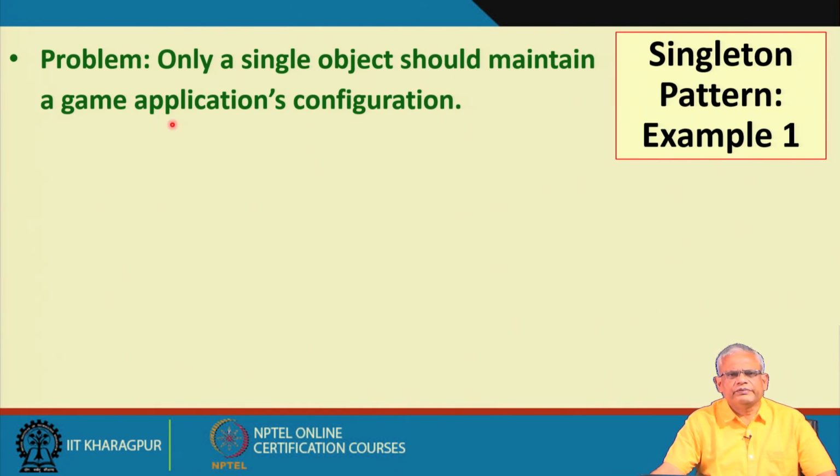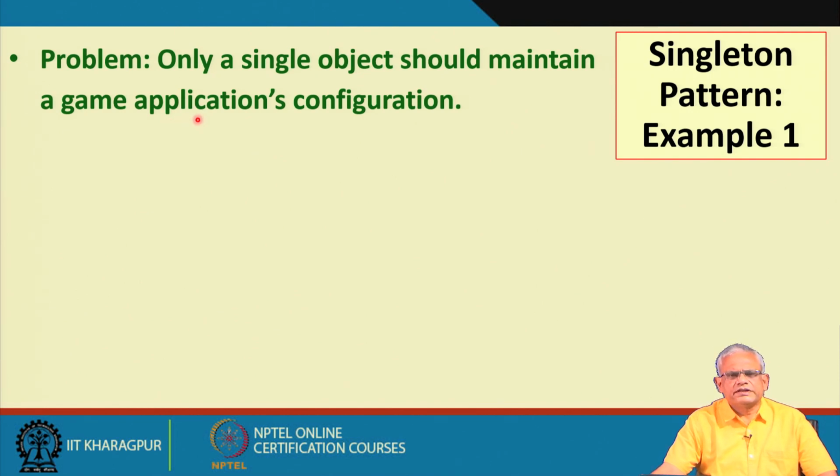The configuration may be the level at which the game will be played, is it beginner, intermediate, expert. Another configuration parameter may be the timeout for the player. Another configuration parameter may be the specific display that is used and so on.